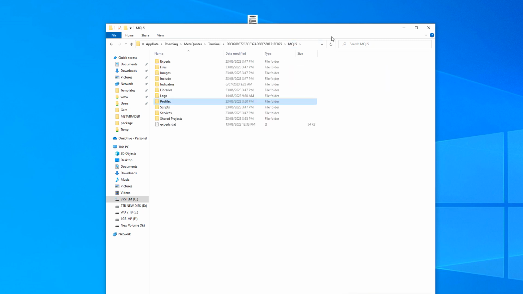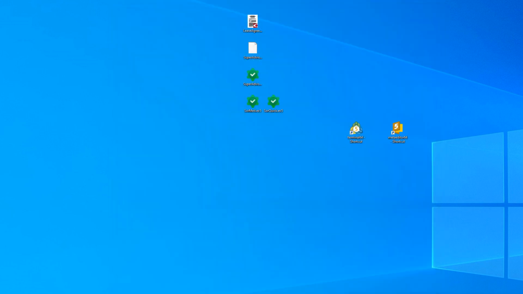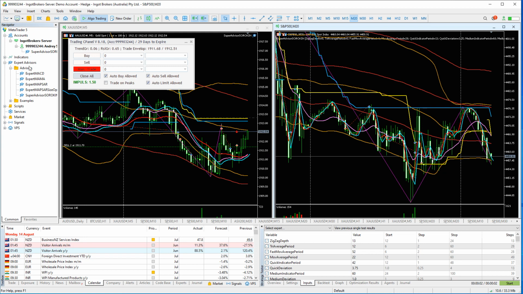Again, everything comes from MQL, and you can find the location of MQL by clicking on any code or any indicator, like the indicator with the original code. We need to jump into the editor.